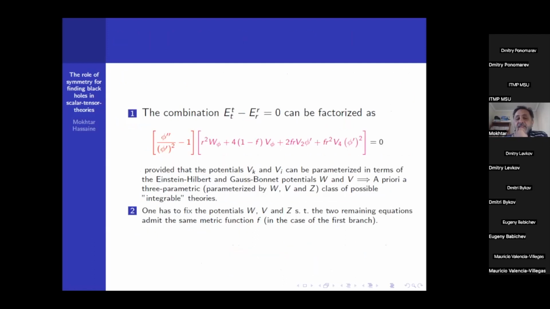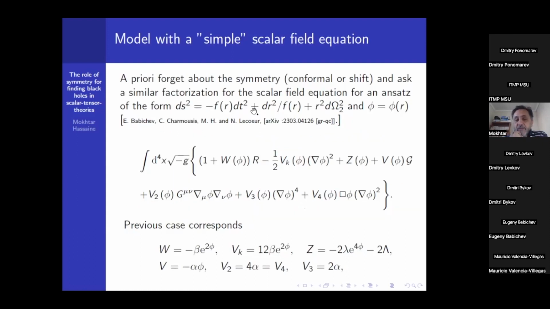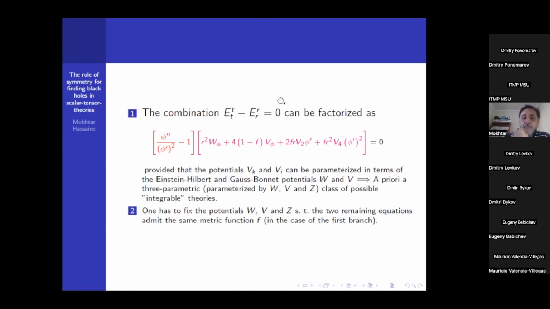The main point is to consider this combination of the Einstein equation, E_tt minus E_rr, because with an ansatz like that, we managed to have this kind of factorization. We have these two branches, as was the case for the previous model that I showed to you.